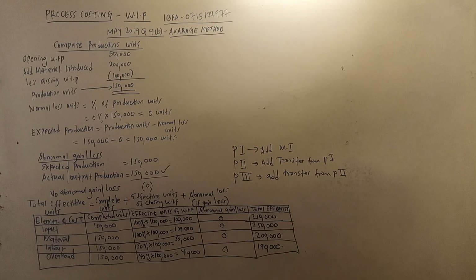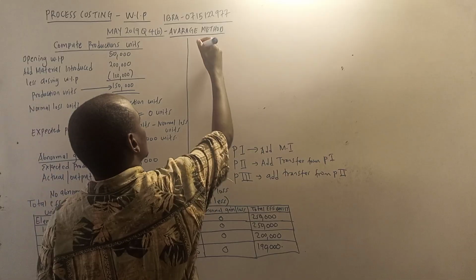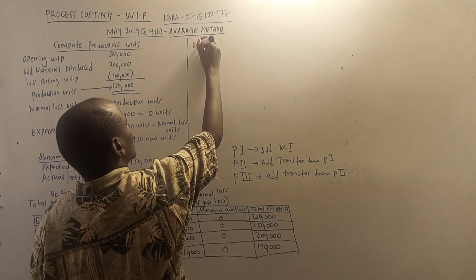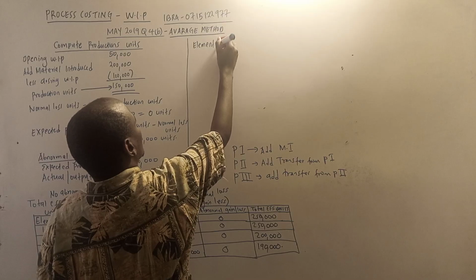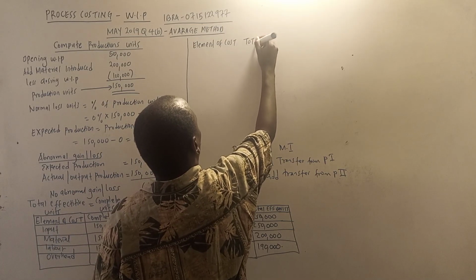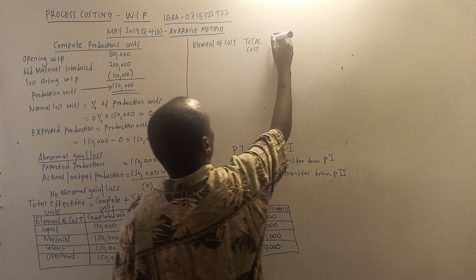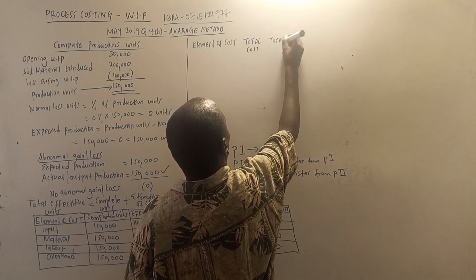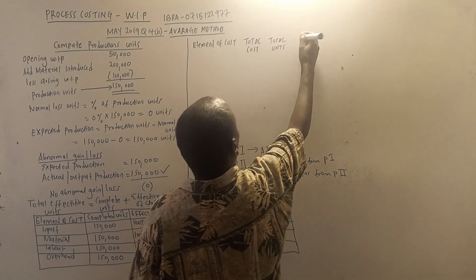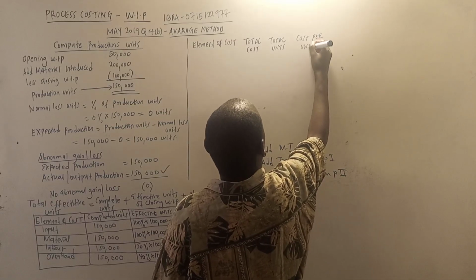As usual, for the statement of cost, we start with the element of cost, then total cost, then total units, then cost per unit.